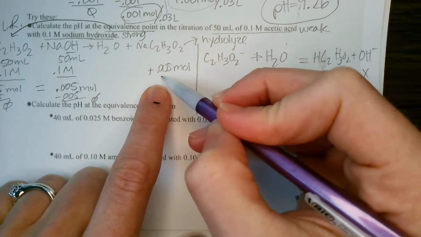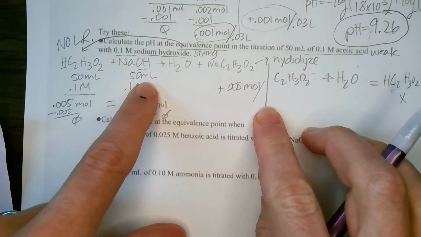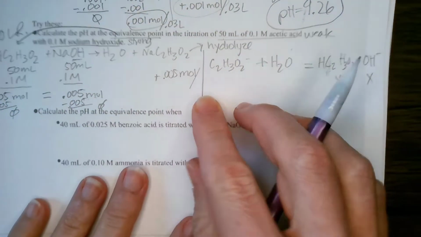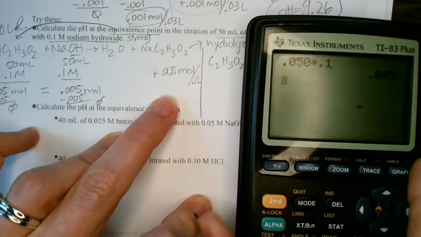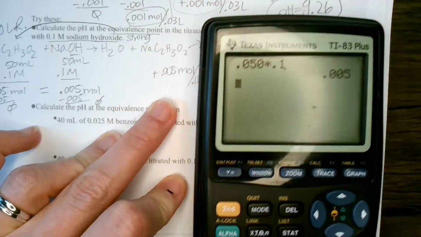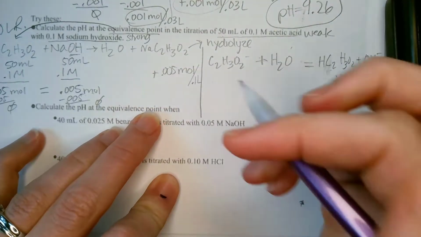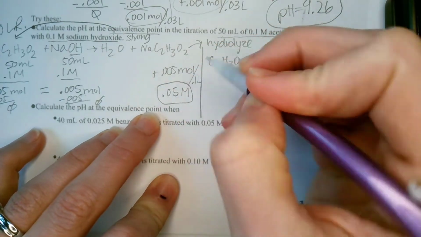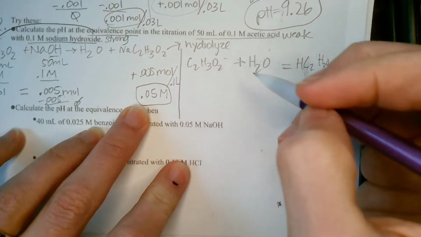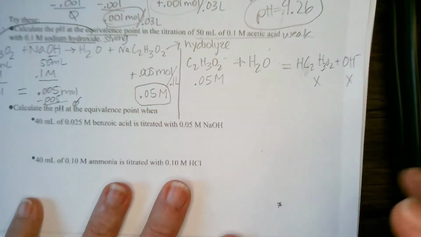I started with 0.005 moles, and I have 50 plus 50, 100 milliliters, which is 0.1 liters. So let's figure out this concentration. 0.005 divided by 0.1 is 0.05 molar for my acetate.